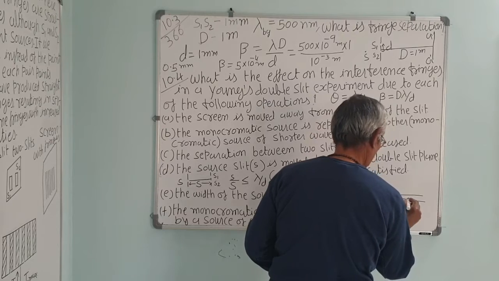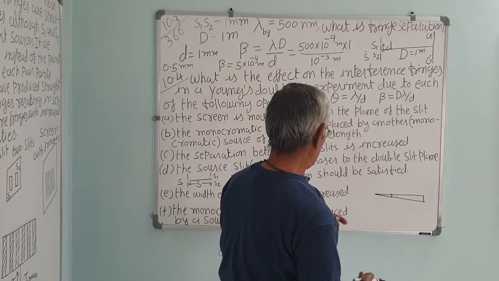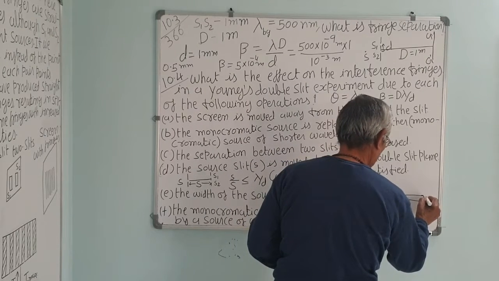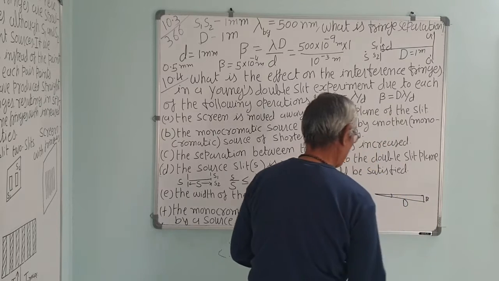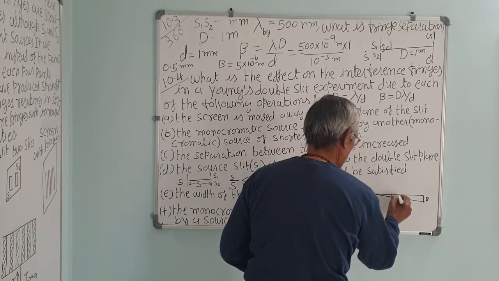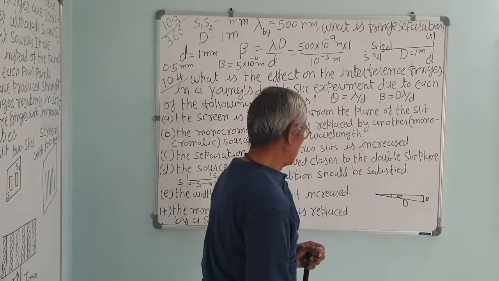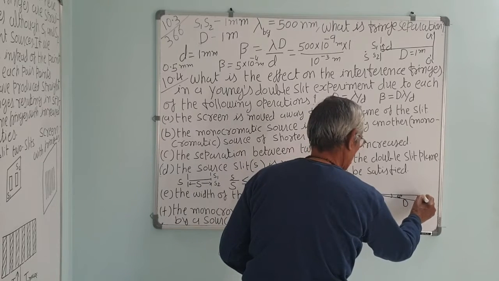This is theta equal to lambda by d. You know this is, say, the fringe width beta. This distance is D, almost the same. This angle is theta. So you know this mathematics: r theta is equal to this arc.